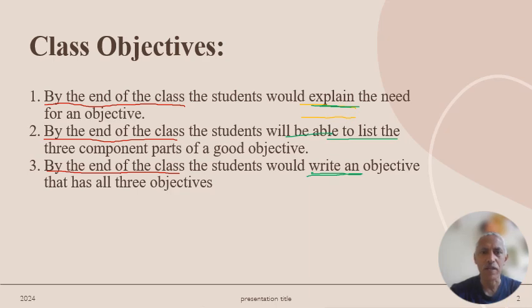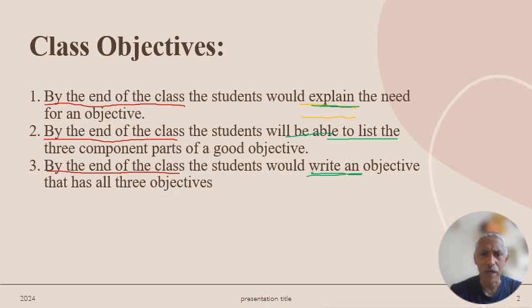In the second one, list. And in the last one, write. These are important for you to remember. Your objective has to have those important verbs which will demonstrate what you want them to be able to do: list, explain, and then the activity, writing.